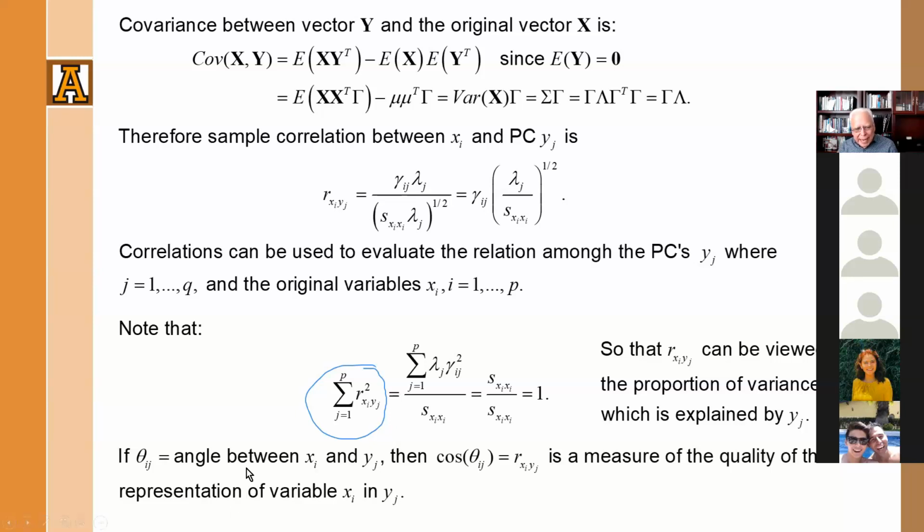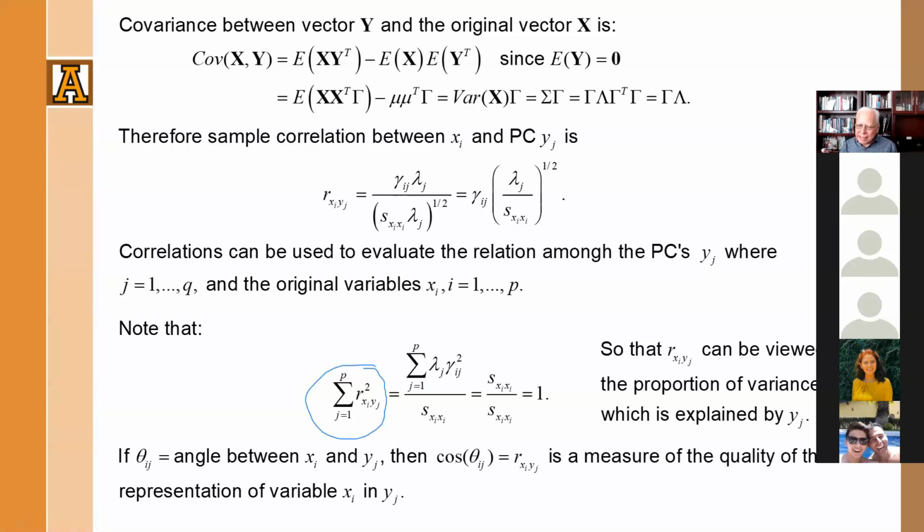So the angle between the ith original variable and the jth principal component is theta ij. Then the cosine of theta ij is equal to the correlation between xi and yj.